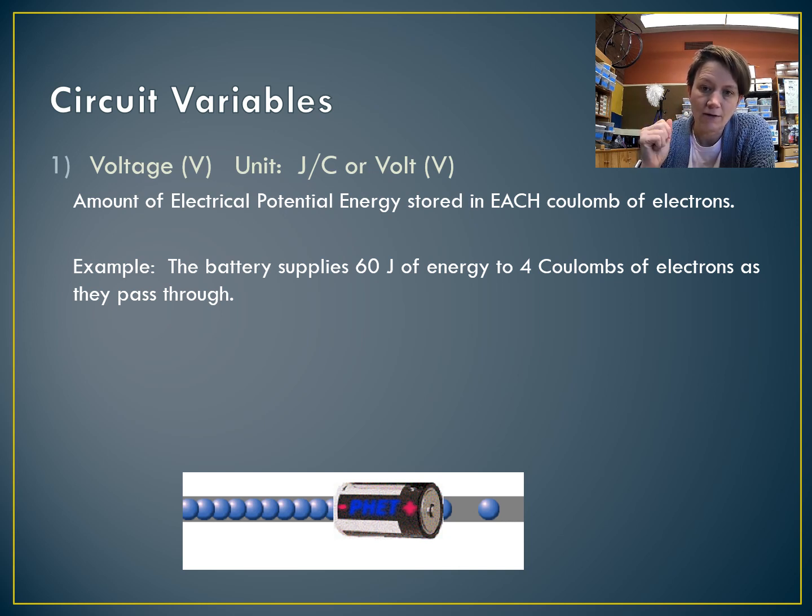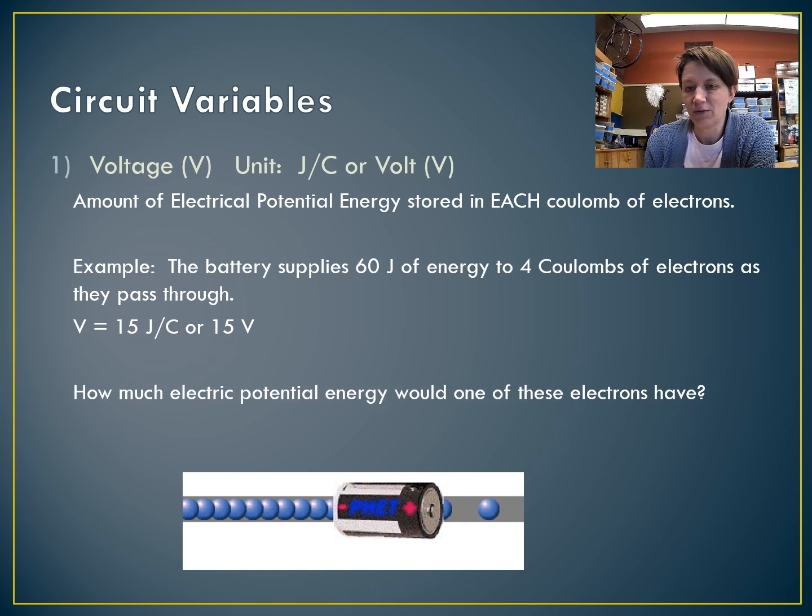And if you read a statement about that battery, such as the battery supplies 60 joules of energy to 4 coulombs as they pass through it, you ought to be able to use that information to infer that the variable they're telling you about is voltage, and the voltage for this particular battery would be 60 over 4, or 15 joules per coulomb, or 15 volts. So this is a 15-volt battery, and every coulomb of electrons that passes through will gain 15 joules of energy per coulomb.